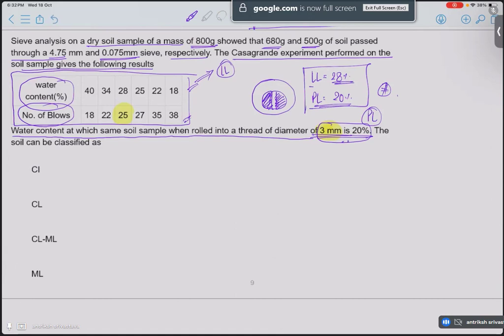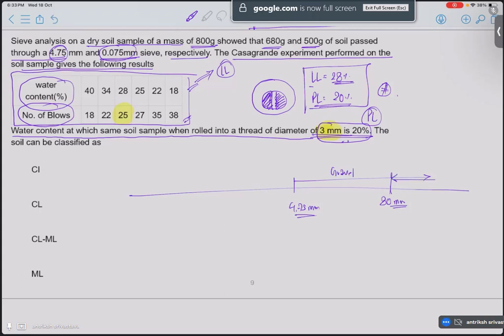Now, we have been given some grain size distribution. So let's first draw the soil size distribution chart itself. 4.75 mm is the boundary, right? After this is gravel and cobble and boulder, so we are not going to worry about that. We can just write that from 4.75 to 80 mm we have gravel, and after that we have other things like cobbles and boulders.